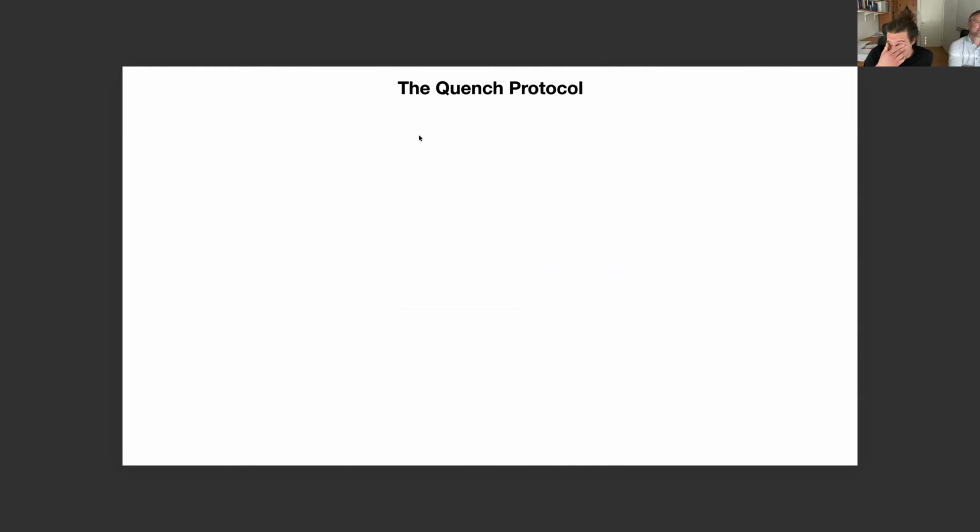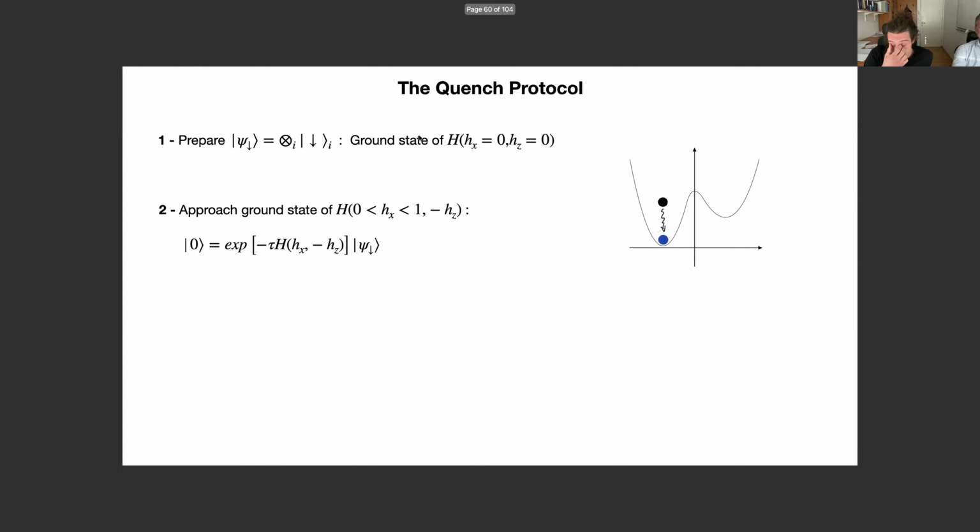Now I go back to the quench protocol, because this is crucial for our numerics. Essentially, we prepare the system in the ground state of the Hamiltonian where the two fields are switched to zero, so this is a fully polarized state. But then we perform some imaginary time evolution because we want to switch on the transverse field, but we don't want to have the effect of the transverse field in the quench after we propagate the system.